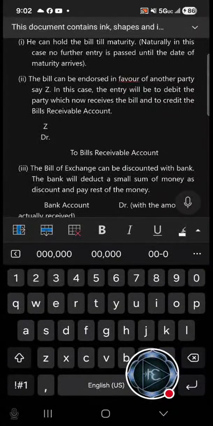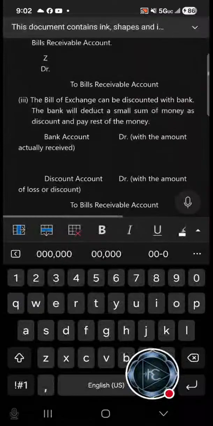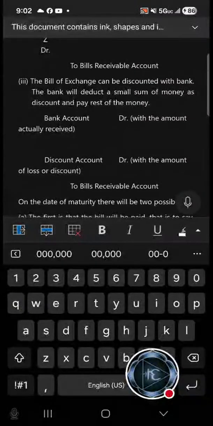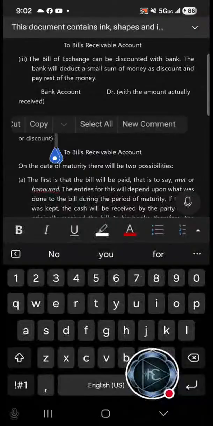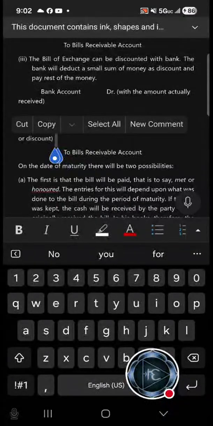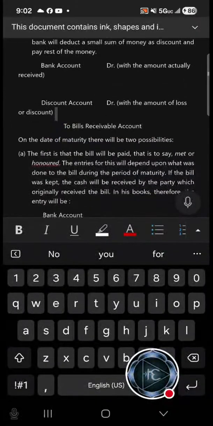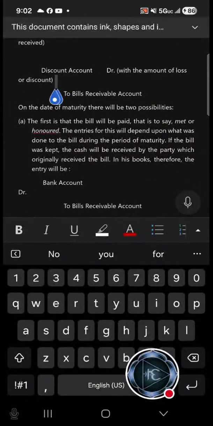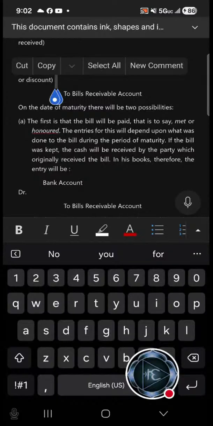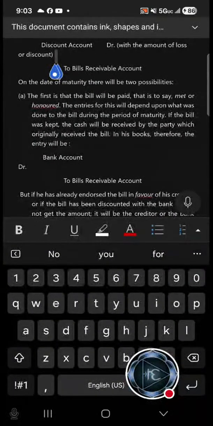The bill of exchange can be discounted with the bank. The bank will deduct a small sum of money as discount and pay the rest of the money. Bank account debit with the amount actually received, discount account with the amount of loss or discount, to bills receivable account.